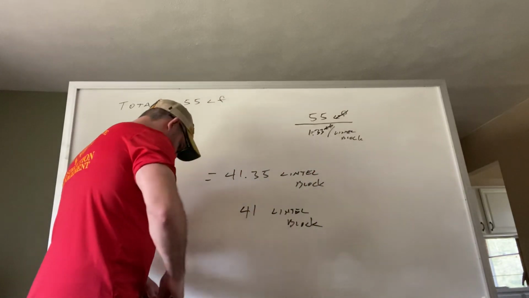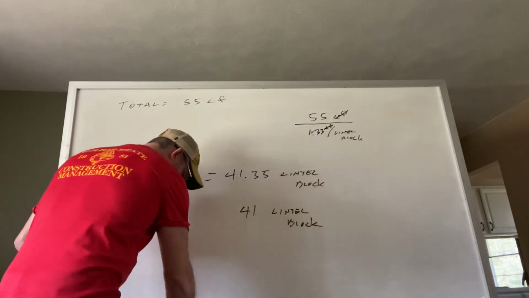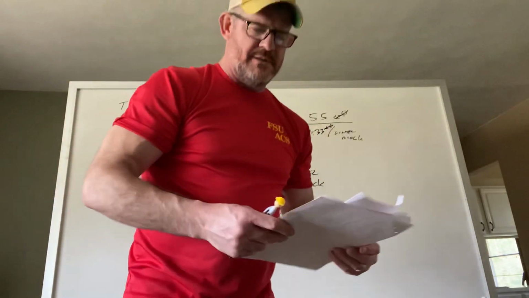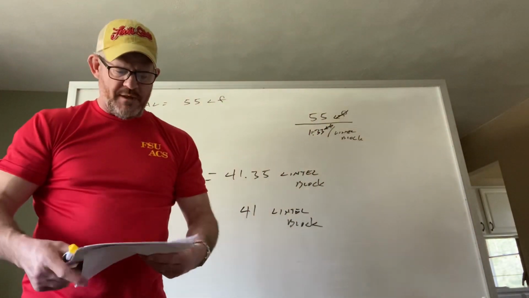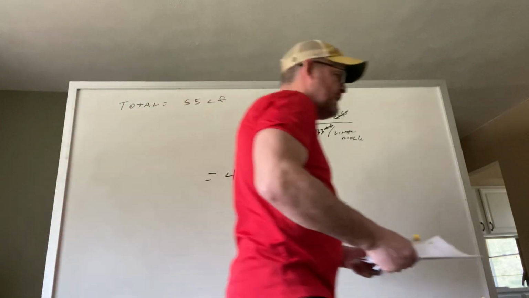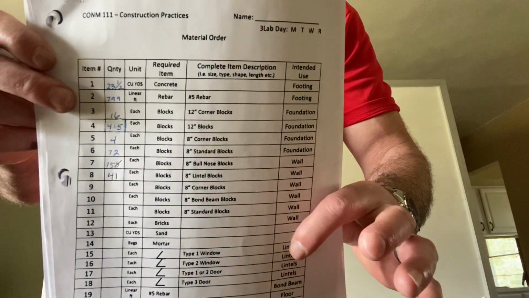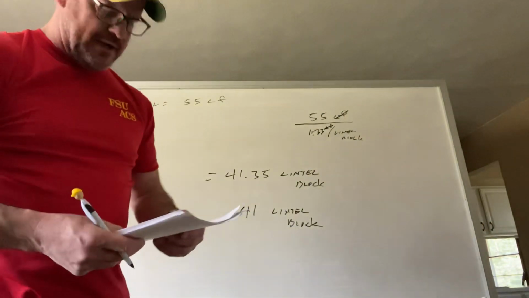We're all going to write that into our list so that we can keep up with that. And I'm going to write 41. And I have 41 lintel block. All right, we're getting there.